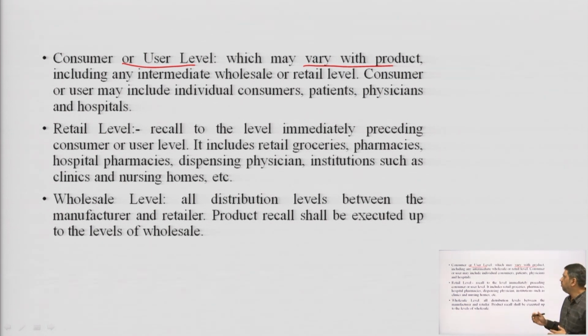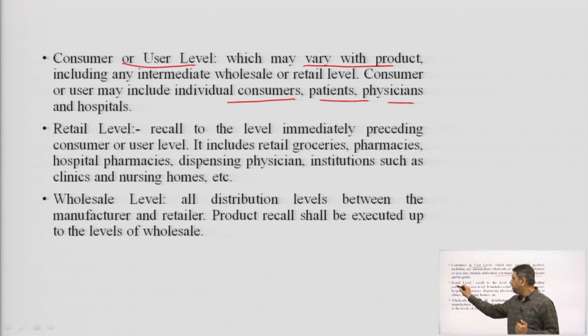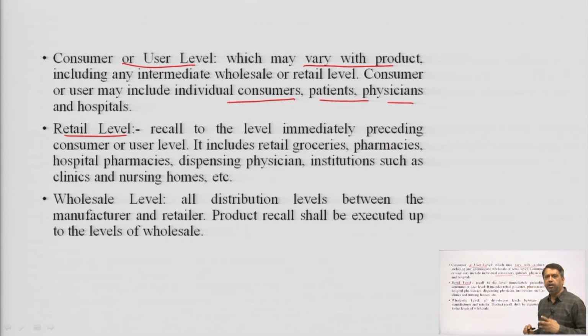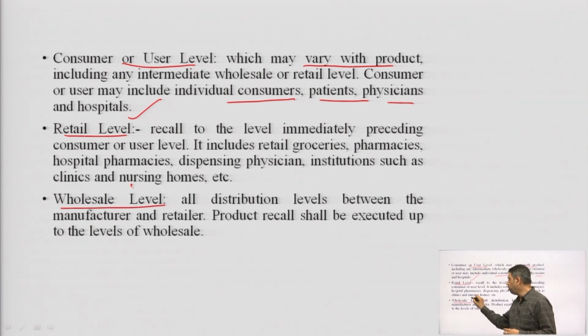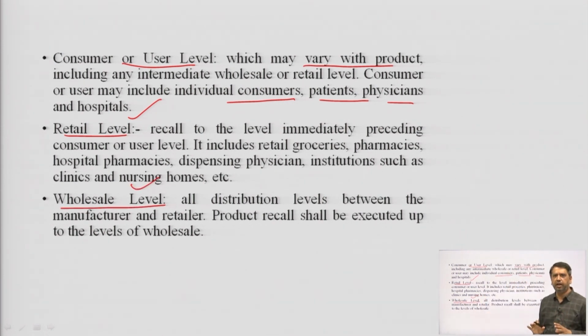Consumer or user may include individual consumers, patients, physicians and hospitals. So, there may be a chance that the product has to be withdrawn from the consumer level also. There may be a chance that the product will have to be withdrawn from the retailer level, and there may be a chance that we have to withdraw the product from the wholesaler level only.